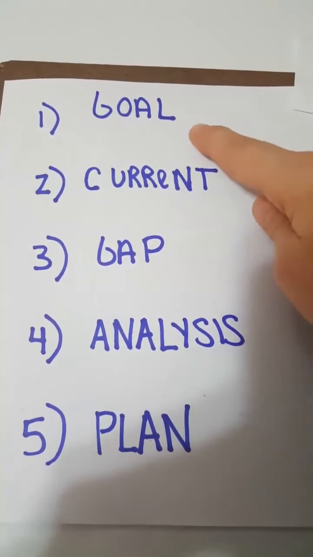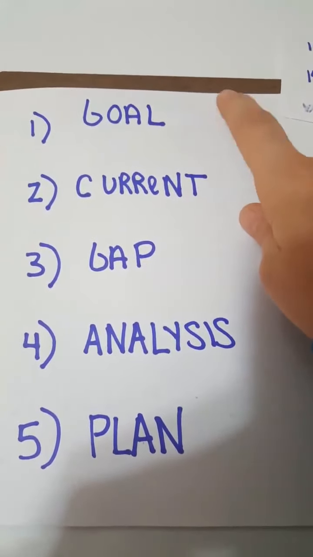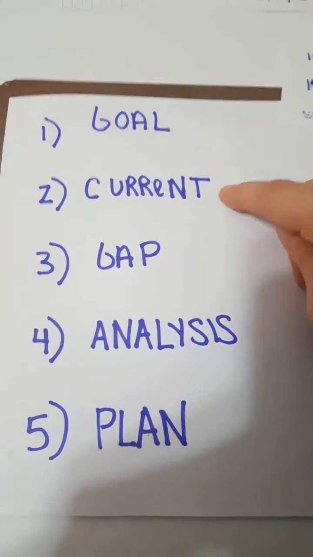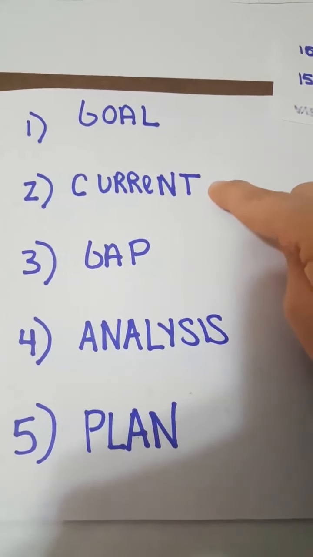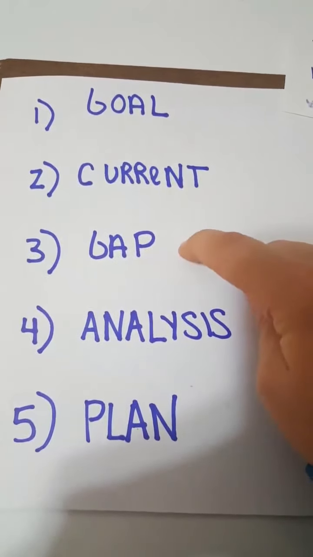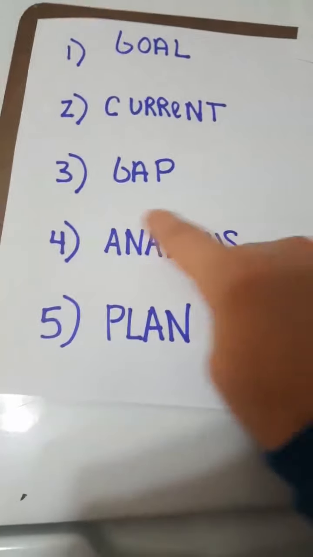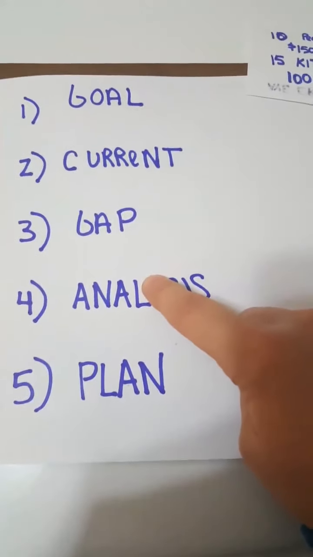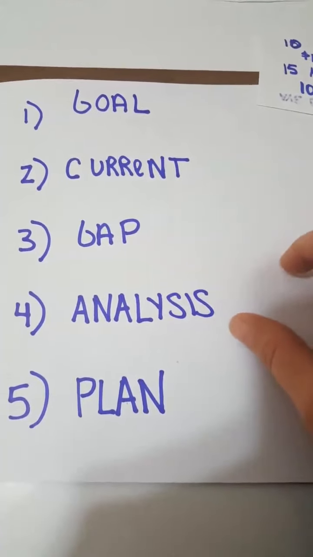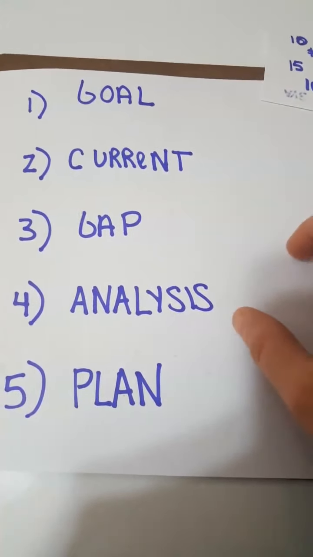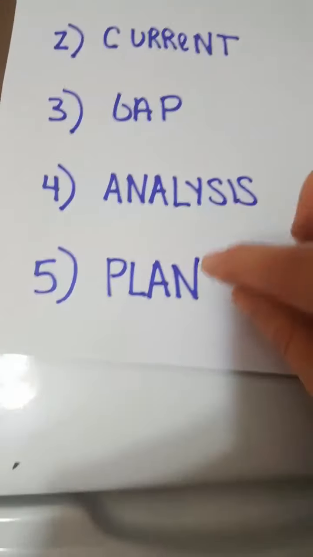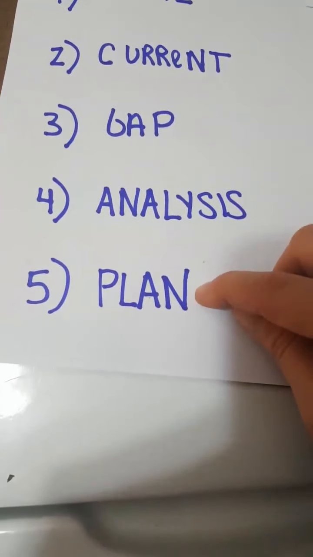Okay, so it might be a financial goal. My goal is to earn $1,000 a month. I'm currently making $300 a month. The gap is $700 a month. Now you have to do a little bit more analysis there in terms of how to make $700. What does that look like, right? And then you can develop your plan.